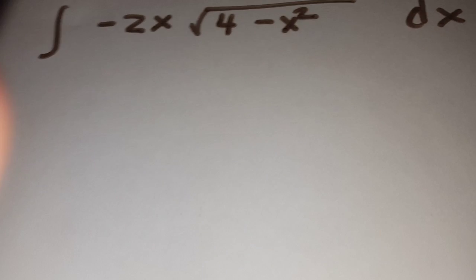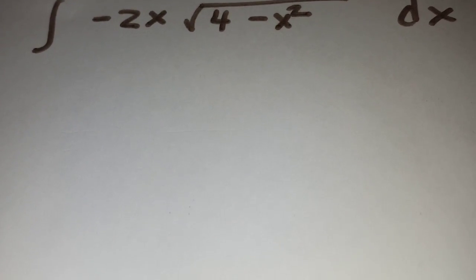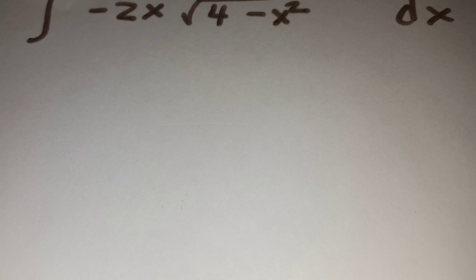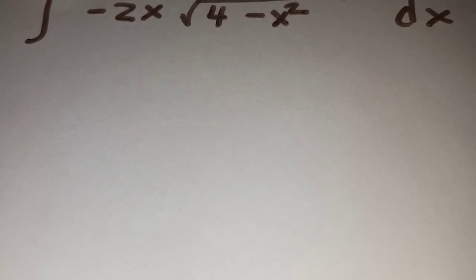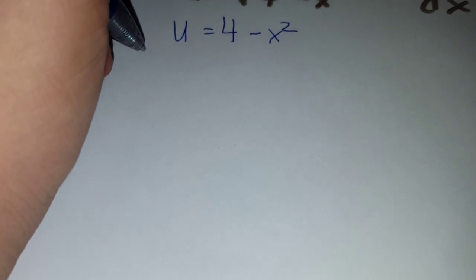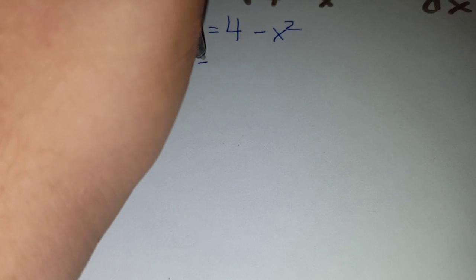Alright, so let's go to a different problem that doesn't have cosine or sine. Now you notice how if I was to make 4 minus x squared the u value, the derivative will be negative 2x. So that's your clue. So u is equal to 4 minus x squared. Take the derivative of both sides. du is equal to negative 2x.